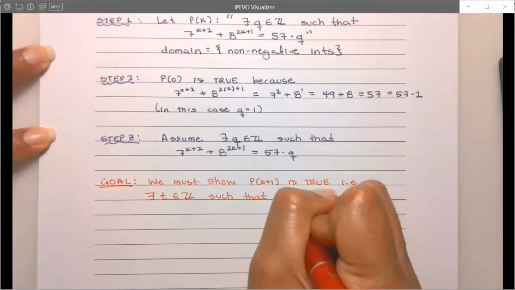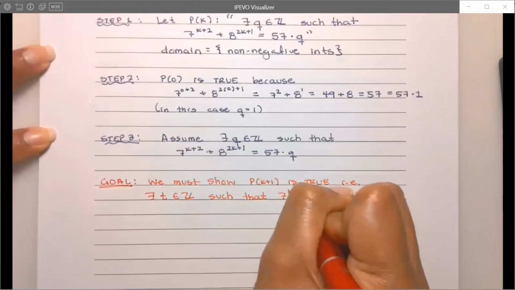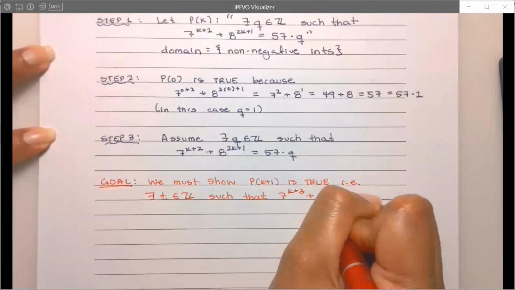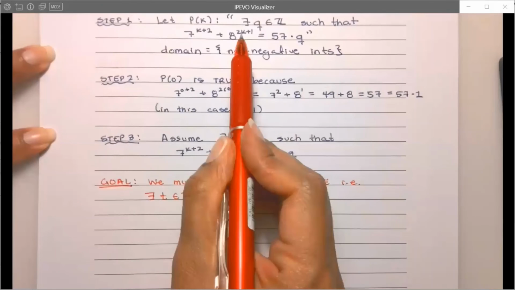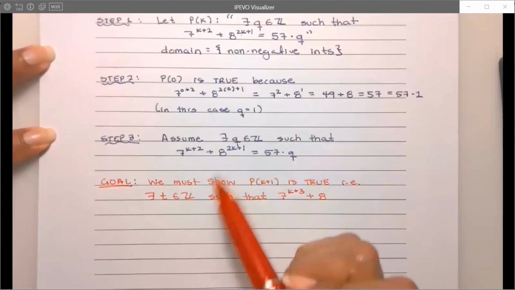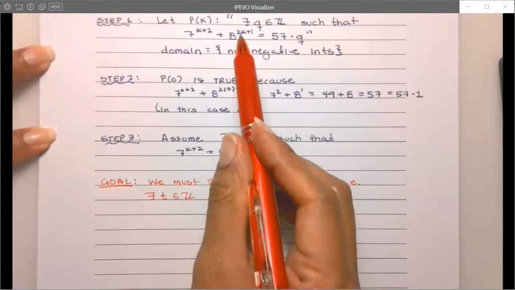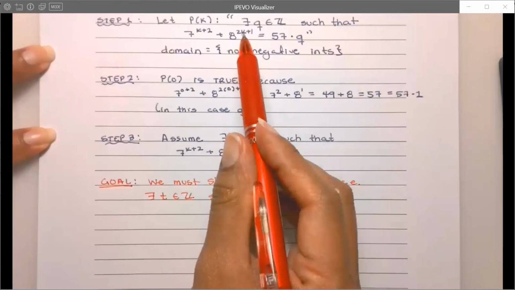So such that 7 to the k plus 3, and then plus 8 to the, if this is a k plus 1, essentially what we have is 2 times k plus 1 plus a 1.